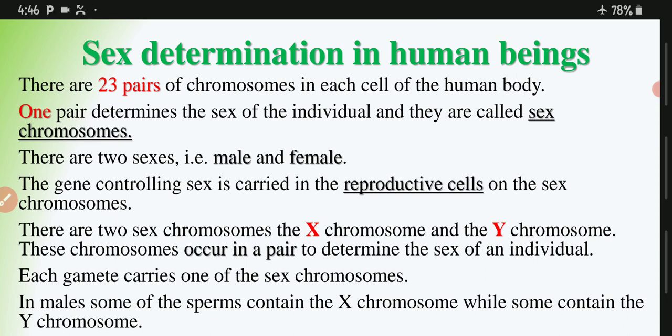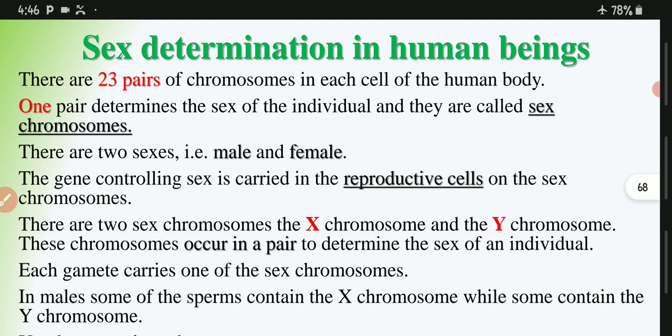After looking at that, we have what we call a homogametic sex. Homogametic sex is one which produces only one type of gamete, i.e. with the identical sex chromosome. An example is the female: all females are homogametic.